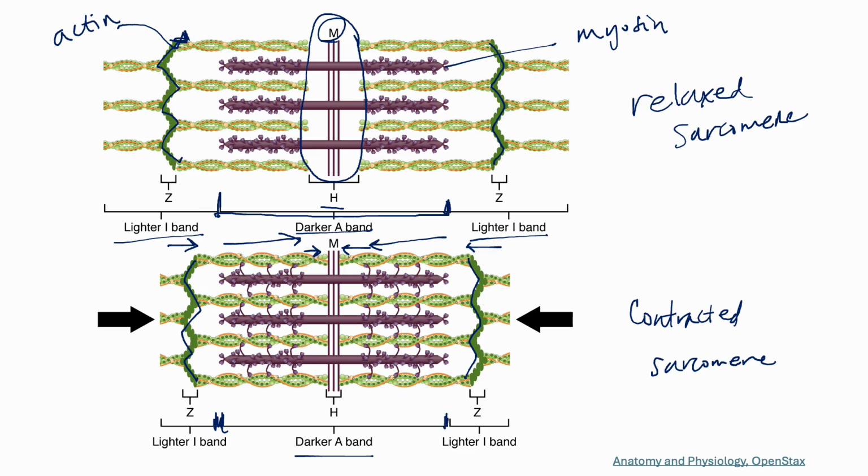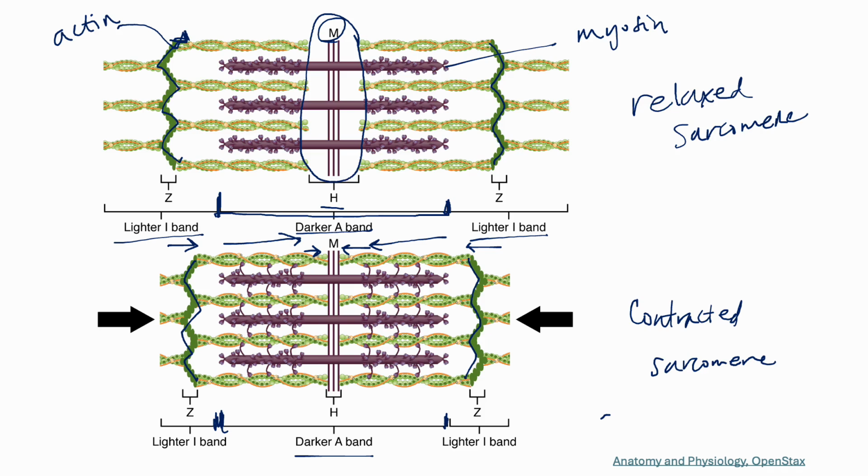The A band has not changed, because the A band was the length of the myosin, the thick filaments. They didn't move. The I band, however, has gotten shorter. That's not because the actin filaments got shorter. They didn't. They just slid toward the middle. So the region where we only had actin and no myosin got smaller.